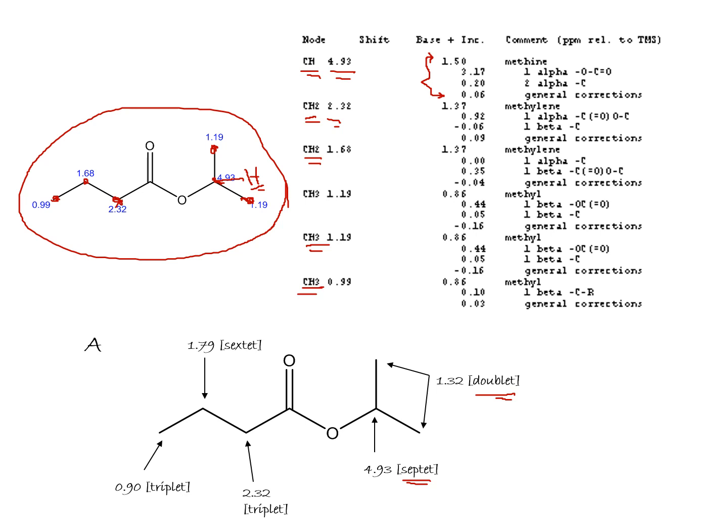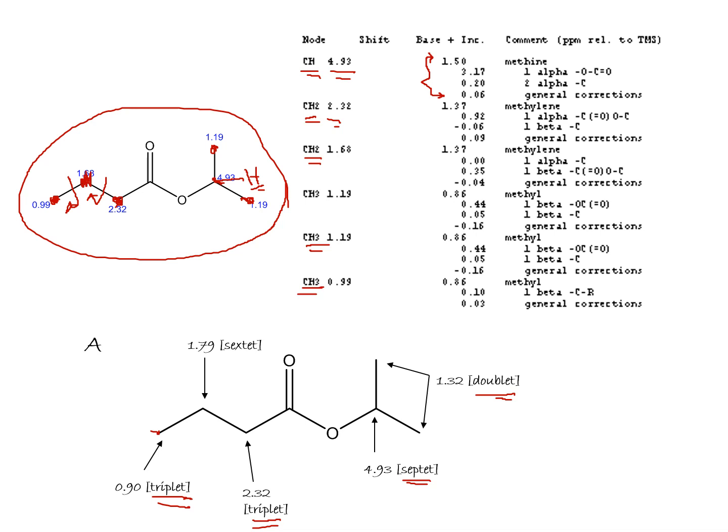This methylene protons adjacent to CH2 will show up as a triplet. Fine. This CH3 is adjacent to CH2, so it will be another triplet. Remember that we have free rotation here, right? This is carbon single bond carbon.